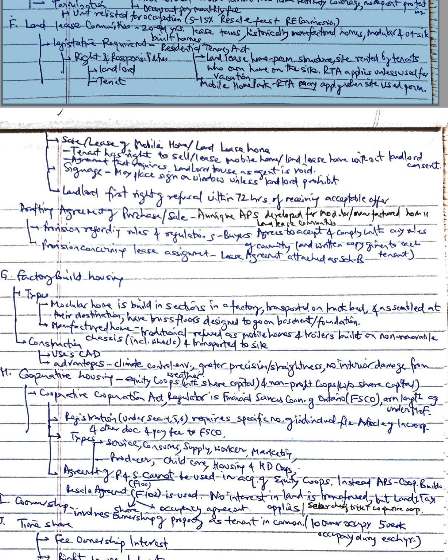The next item is factory built housing. Factory built housing can include modular or manufactured homes, and it is becoming a growing component of the overall Canadian housing marketplace.